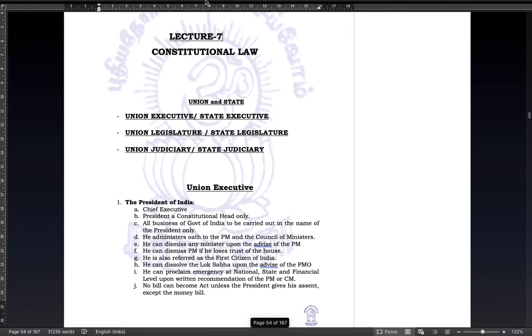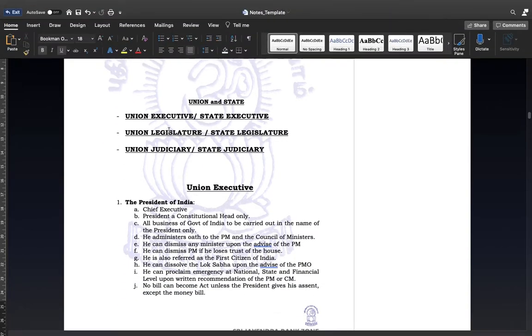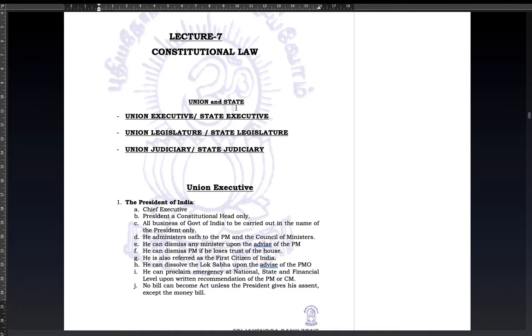So today in this session, we will discuss the union and the state. We are discussing the Constitution of India, and we will discuss what is provided for the union and the state in the Constitution of India.